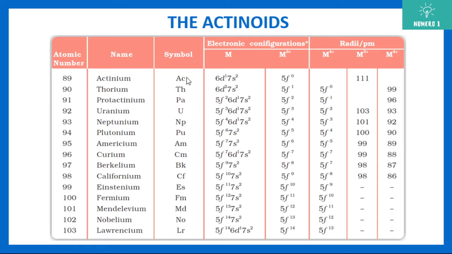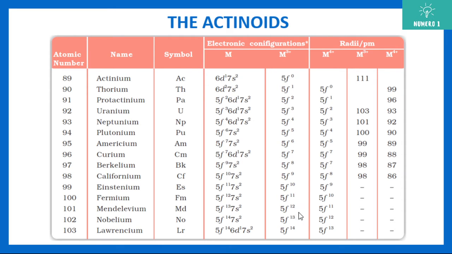You can see at actinium and thorium there are no 5f electrons, but the first electron comes at atomic number 91 and it fills up by 103. So this is the general electronic configuration, and everyone has 7s2, with variable occupancy in the 5f and 6d subshells.